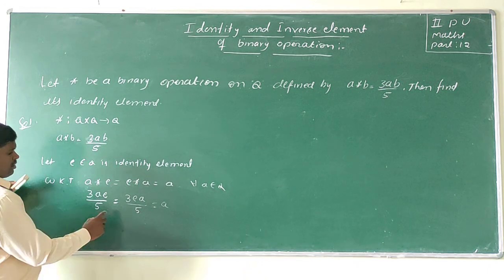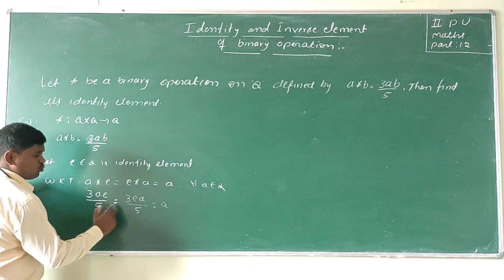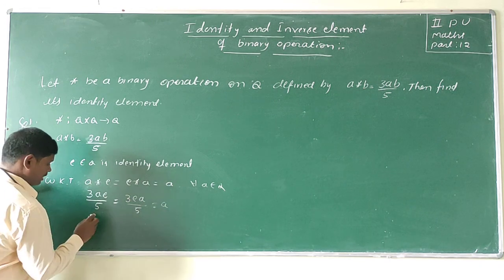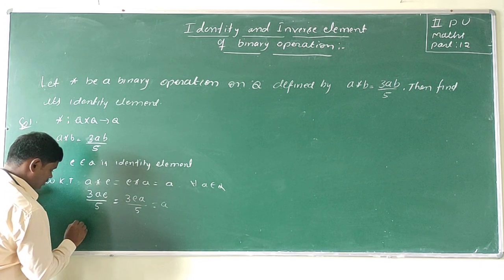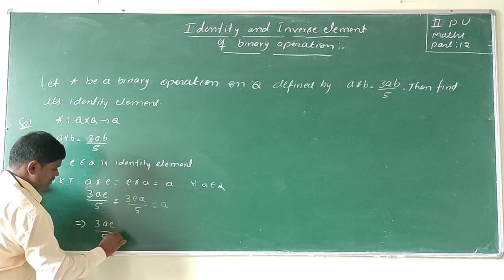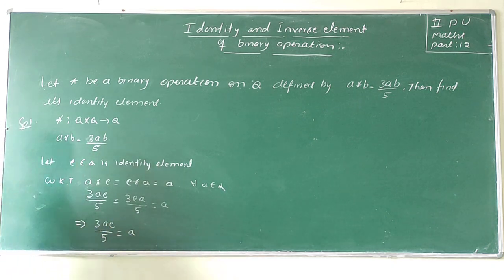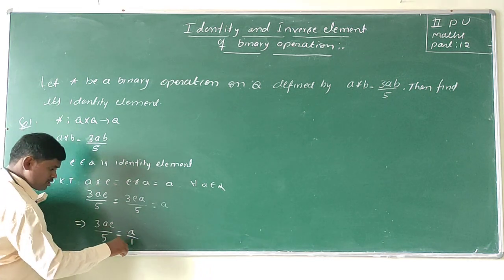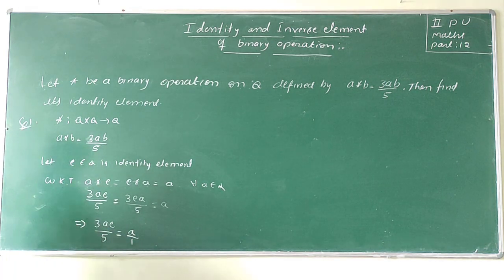Equating any two of these, this implies 3AE by 5 is equal to E, since we need to find the identity element. Suppose we are taking A as 1.